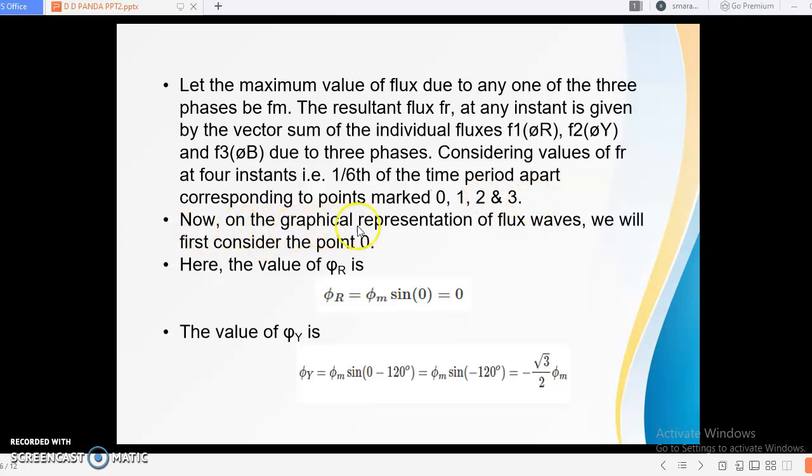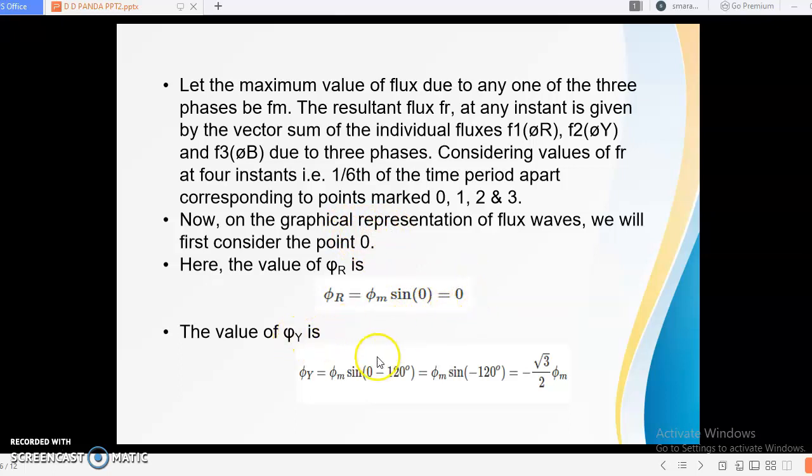Now, on the graphical representation of flux waves, we will first consider point 0, which is the first point. Here, the value of phi r is phi m sin omega t. Instead of omega t, we take 0. So, phi r becomes 0.